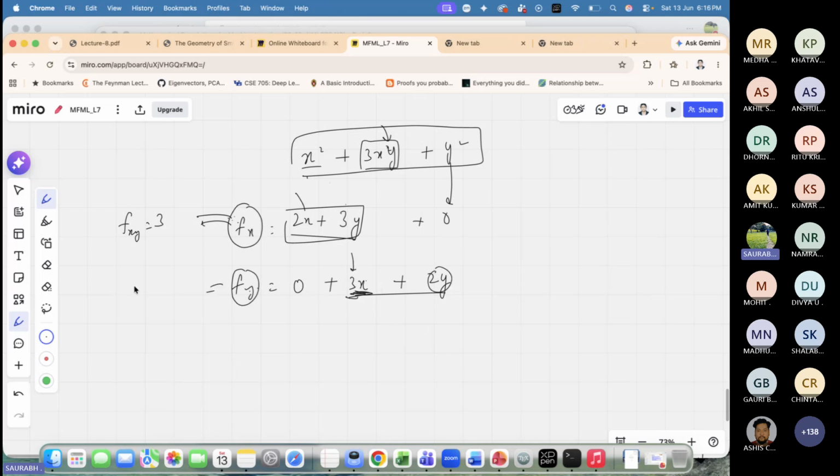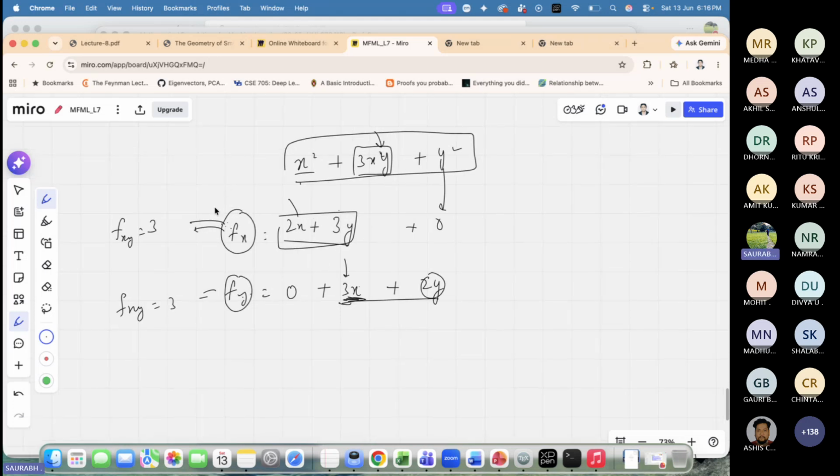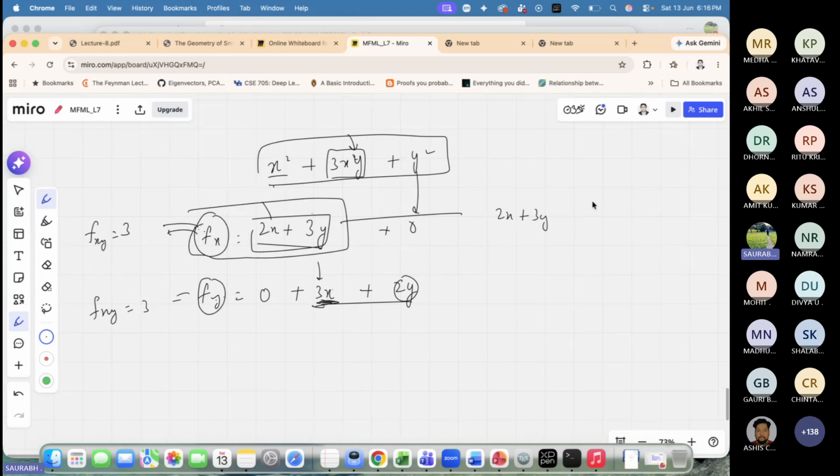In both ways, fxy would always be 3. Now from fx, which is 2x plus 3y, if I differentiate it again with respect to x, then fxx, the double derivative, would be, because this term is independent of x, 0, and 2x would become 2. So you have 2.